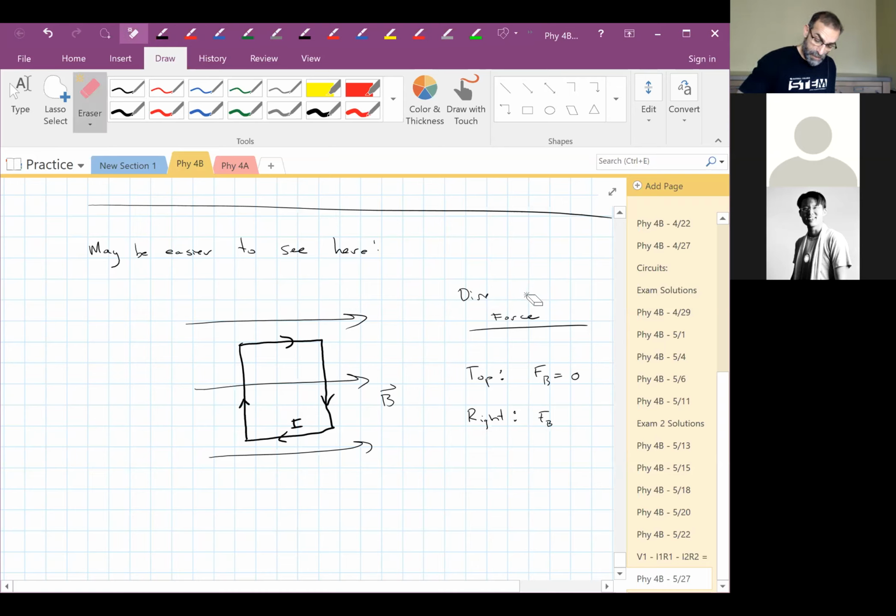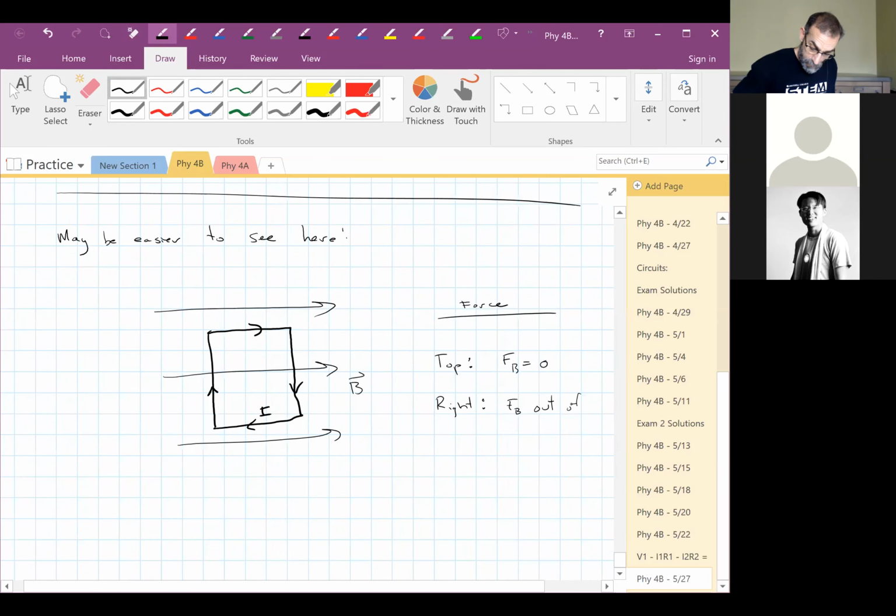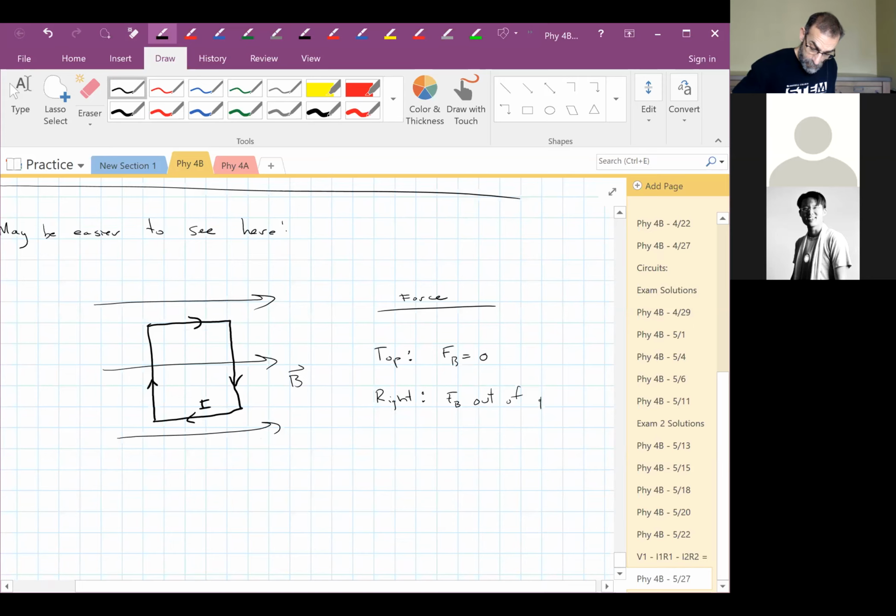Actually, I'm just going to call this the force, not the direction of the force. Force F sub B. And what direction? Out of the page. You see that? And on the bottom, and on the left.